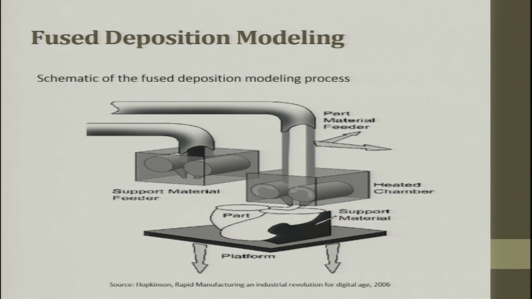They try to maintain the tension, and the filament comes from the spool, passes through a nozzle where it is heated, and then it is allowed to deposit on top of a table or a platform. The platform sinks down, so layer by layer information is built, and then you start getting the required output.